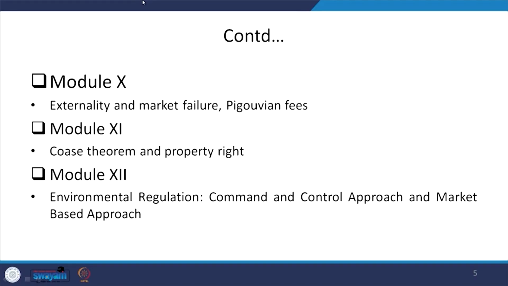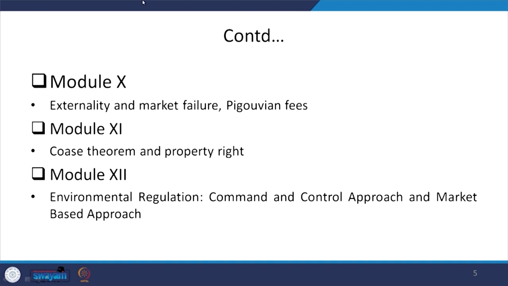So, either market provides these goods and services less efficiently, or there is no existence of market in case of these kinds of goods. So, externality and market failure, and then how to deal with these kinds of failures. Can taxes be imposed to address the issue of externality? All these aspects will be discussed in this unit.